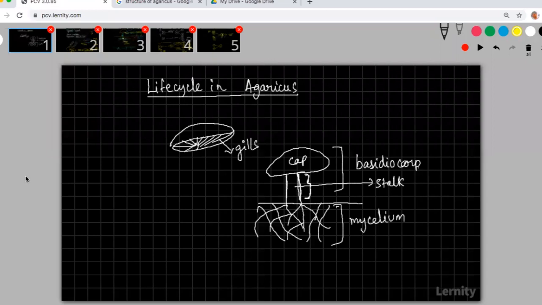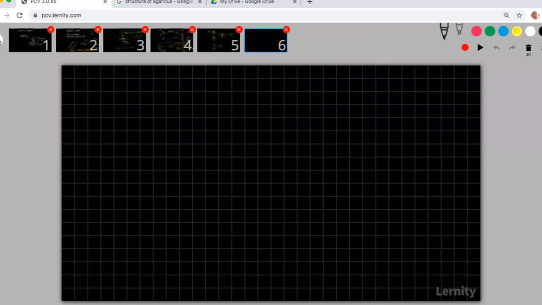The last part of fungus is economic importance of fungus. Okay, yeah, sorry.